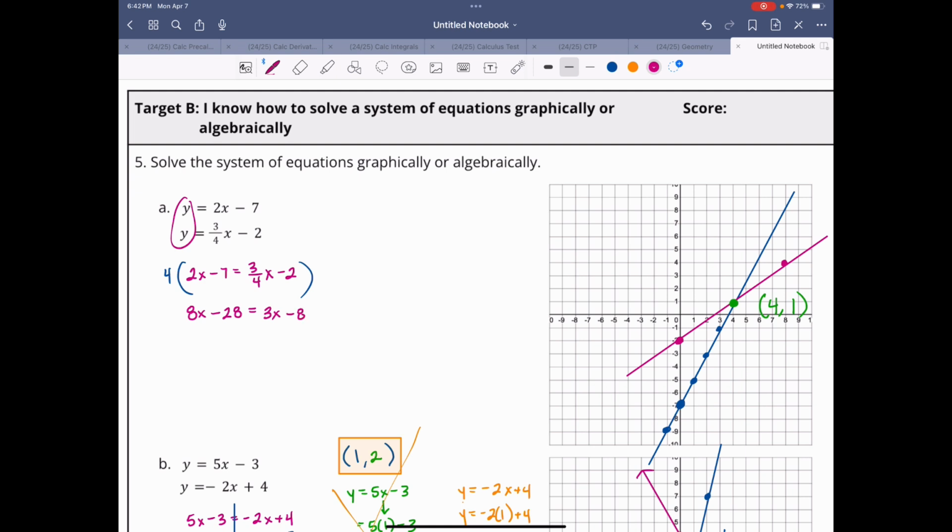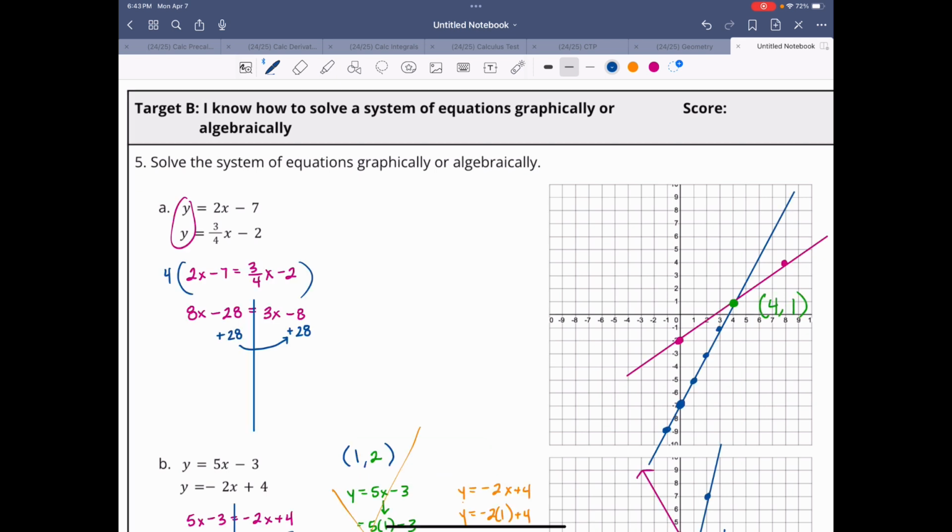So just like we did before, I like to go ahead and divide down the equal sign. And I'm going to go ahead and combine my numbers and then combine my variables. So I'm going to choose to move this negative 28. The opposite of a negative 28 is a positive 28. So what I do to one side, I do to the other side.